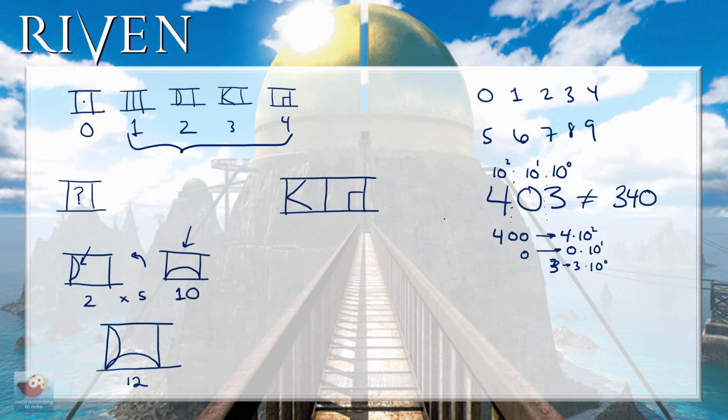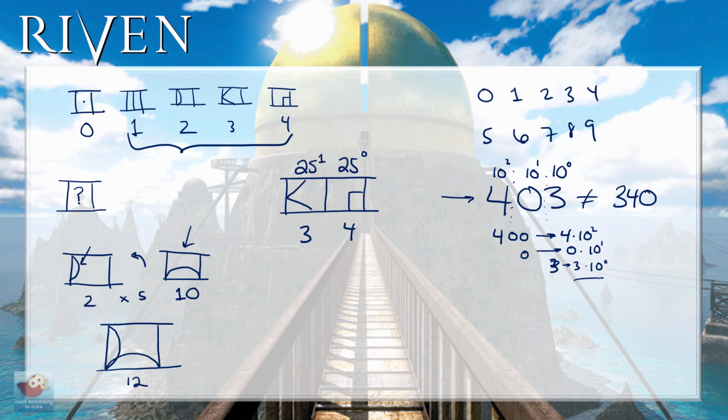It's not a one-to-one transference like you would have over here. This is a 4, this is a 3 as discussed, but the 4 is in the 25 to the 0 column, and the 3 is in the 25 to the first column.